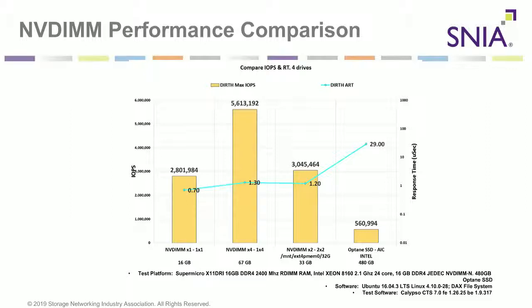It's like 500,000. And here with the NVDIMMs, you can get all the way up to 5.5 million. So there's a huge difference. And also the latencies, you can see it is phenomenally great with the NVDIMMs. Here it's actually microseconds compared to 1.3 nanoseconds. So it's pretty fast.